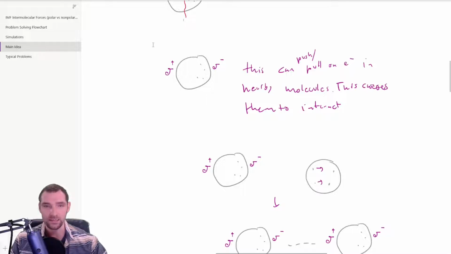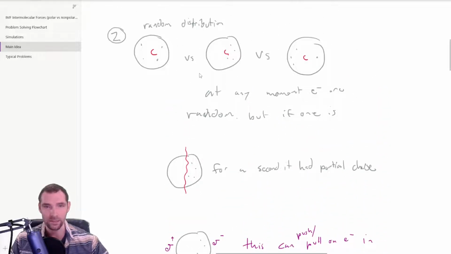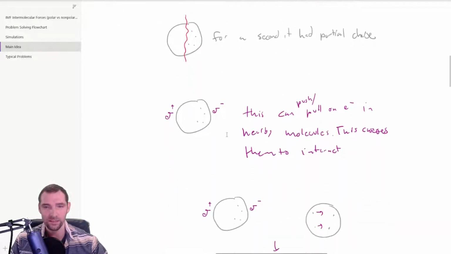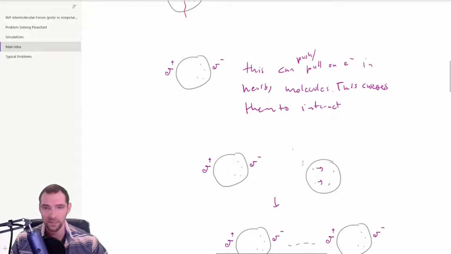So let's say these electrons are just moving around freely, and then we look at this one right here, and all the electrons are on one side, and the atom that's nearby, basically these electrons get pushed away from negative charges.